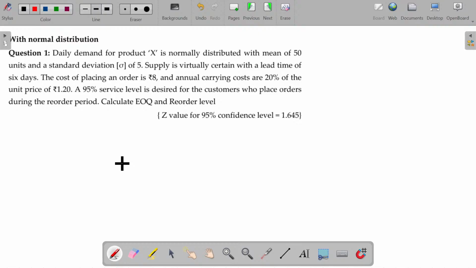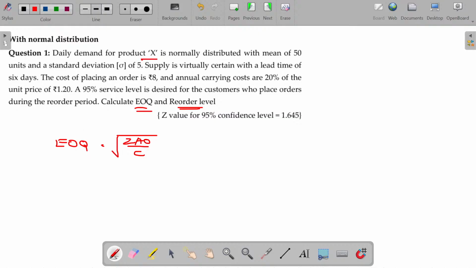Okay. Calculate EOQ and reorder level. So for the EOQ, the formula being root of 2AO by C. Right.